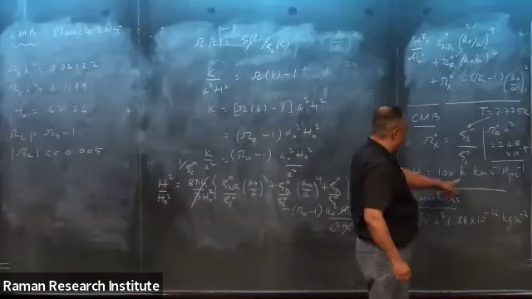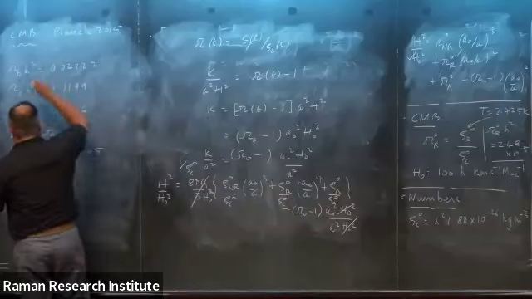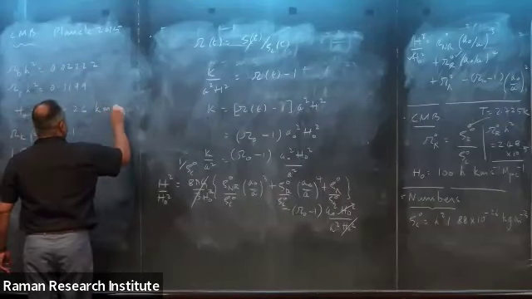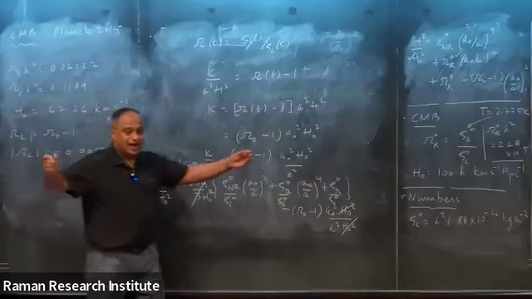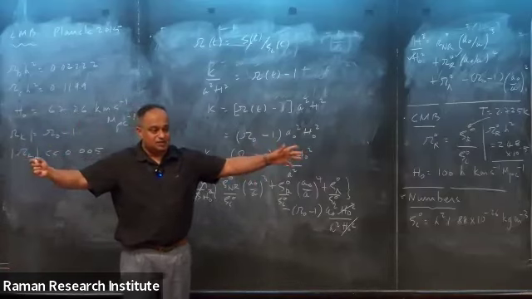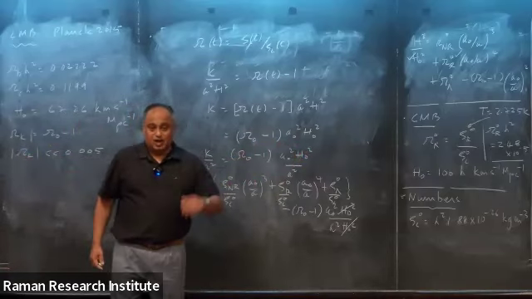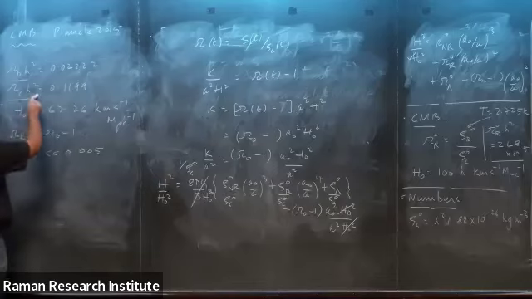So small h is about 0.67. Of course, I forgot the unit. These are all dimensionless quantities. This is km per second per megaparsec, which essentially means two galaxies separated by a distance of 1 megaparsec are moving away from each other at a velocity of 67 odd kilometers per second. And you have this much amount of baryons, this much amount of cold dark matter. There is more cold dark matter than baryons, about 5 times.